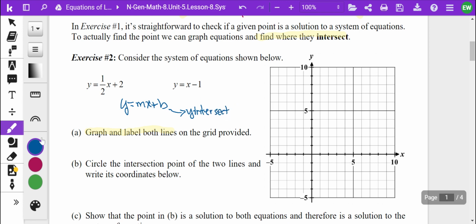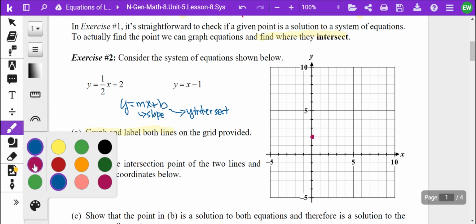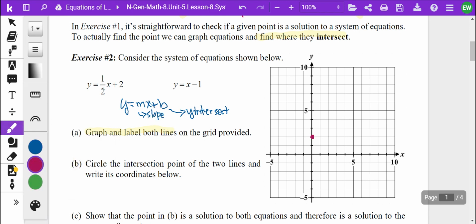So let's look at y equals 1/2 x plus 2. So it intersects at positive 2. So let's put a point there. And then m is, again, our slope. So we are going to rise over run.